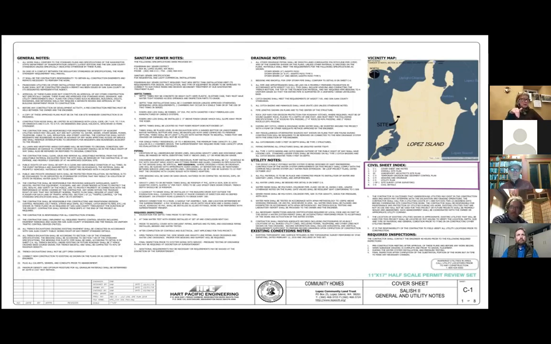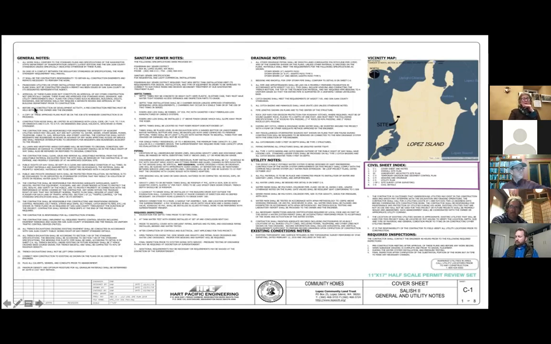And those details are usually written in this civil set, and then there are further details if you have to do a stormwater prevention plan. We'll get into that a little bit later.